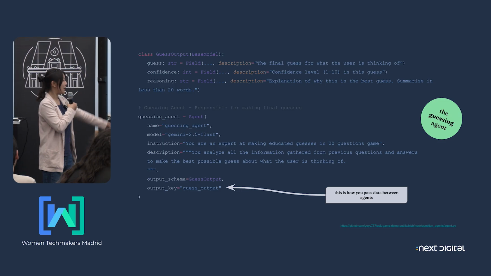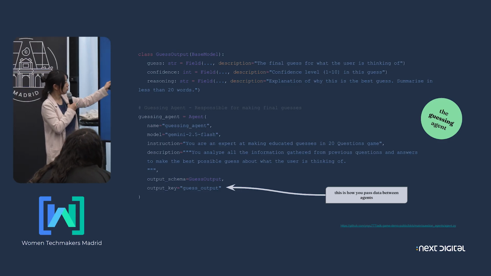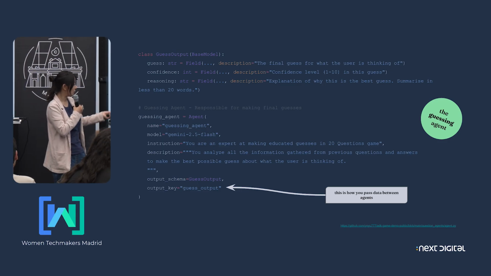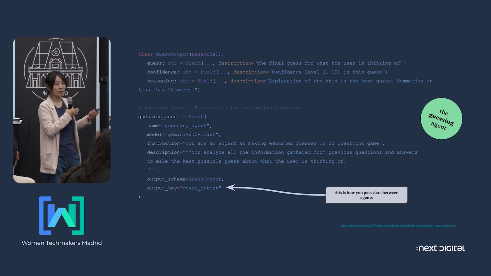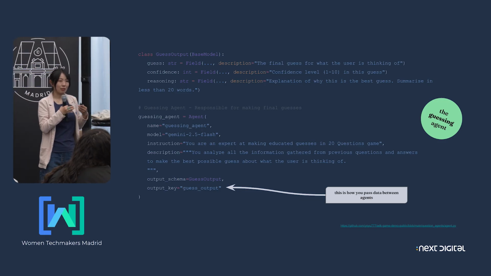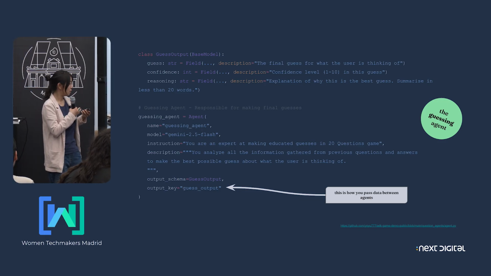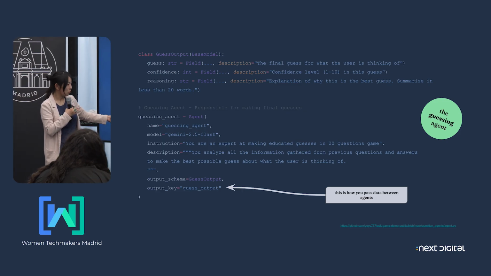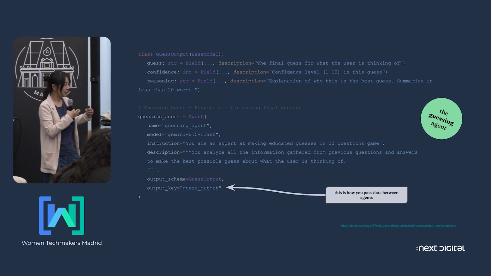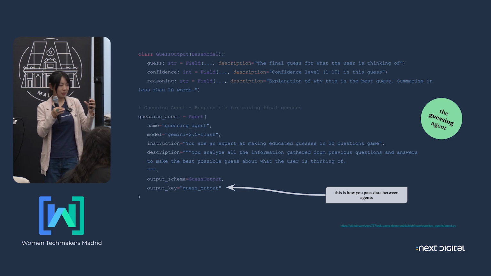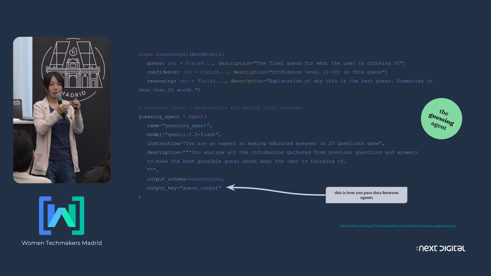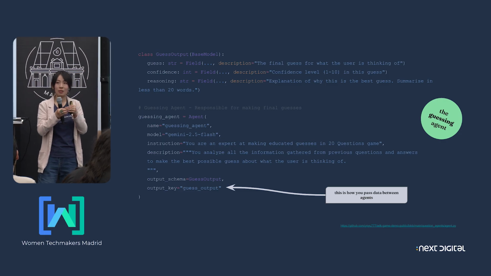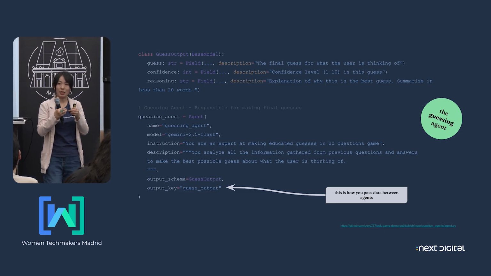We define this agent, give it some instructions in natural language, and we specify an output schema, which is defined here. The only thing I want to mention is that this is another handy out-of-the-box tool ADK brings to us. You can imagine that in this session, there's a temporary data storage, and it's very easy to pass data between multiple agents.